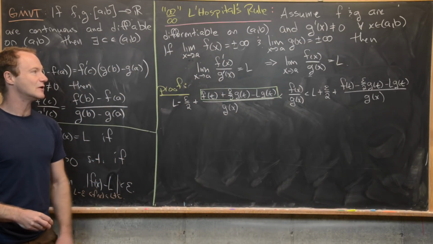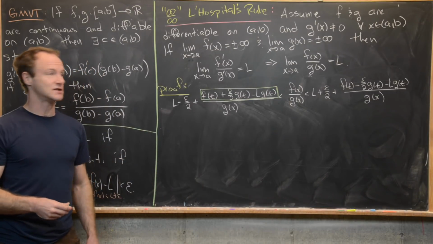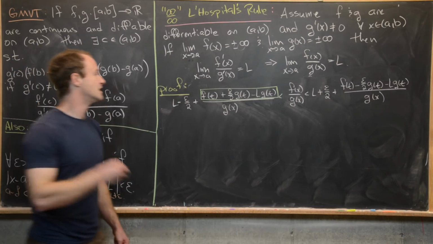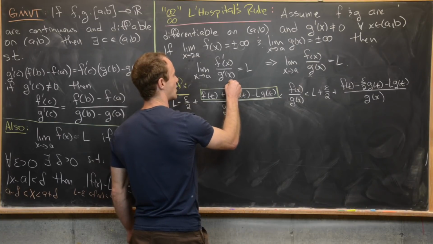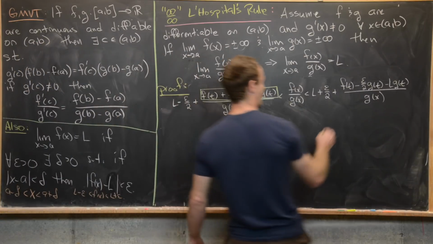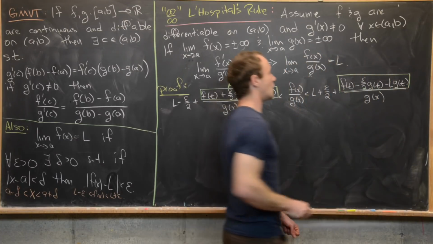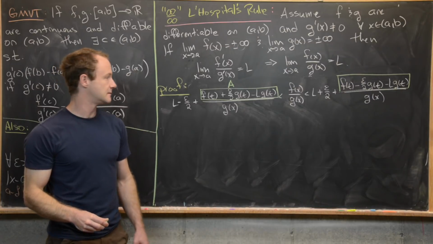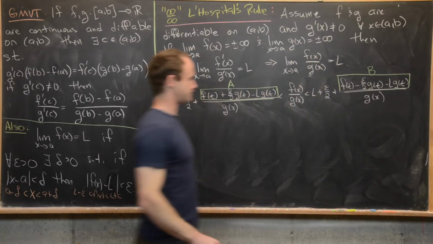Remember that t was set to be this a, which is a constant, plus delta 1, which was a constant depending on our choice of epsilon. So let's just go ahead and point out that this is some sort of constant. Maybe we'll call this constant capital A. And then likewise, this thing over here is also a constant because it only depends on t, L, and epsilon. So we can call this constant capital B.